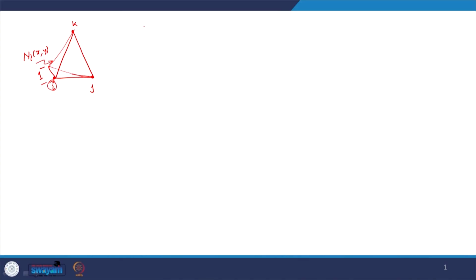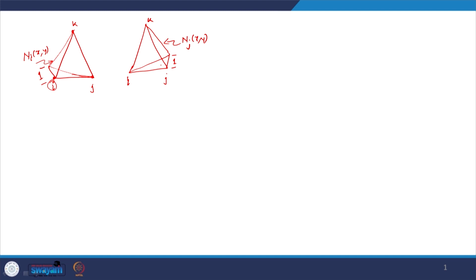Similarly, for the jth node, the interpolation function or shape function might look like this. So, this is n j, and similarly for n k, it will be unity at the kth node, and it will vanish linearly at the I and jth nodes, right.